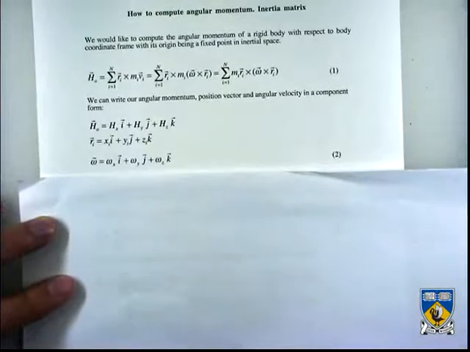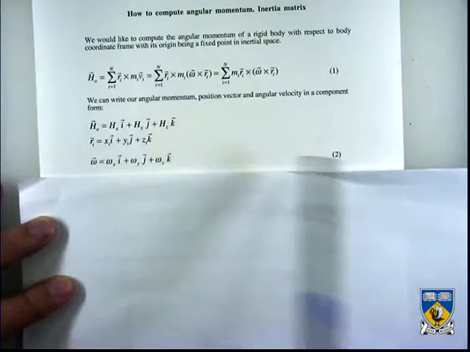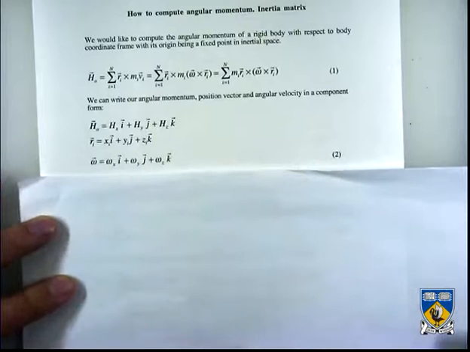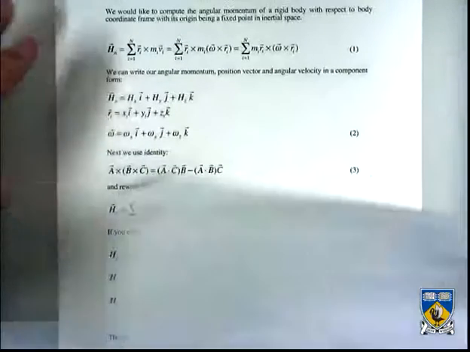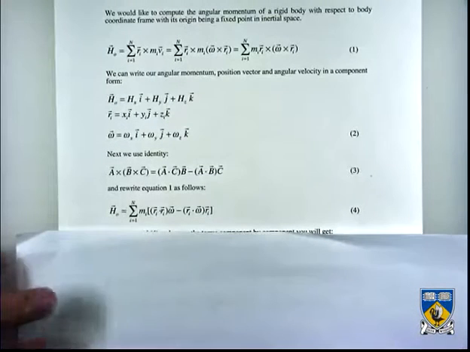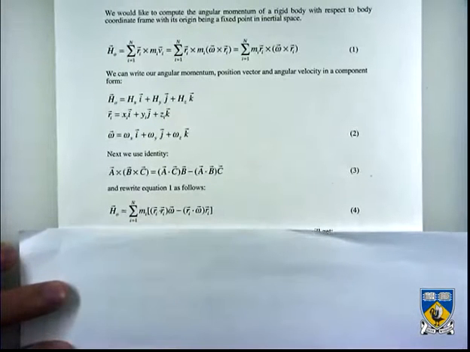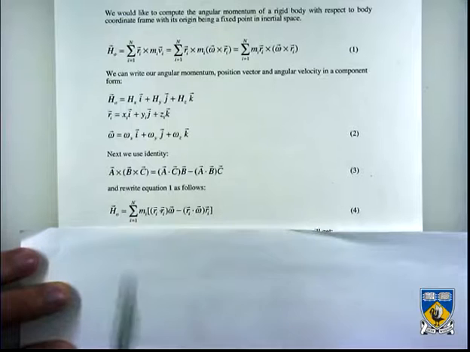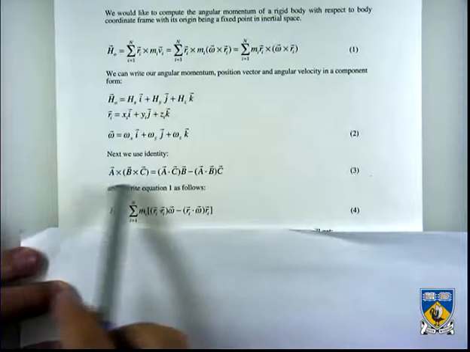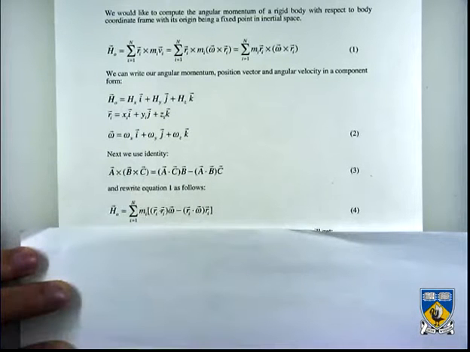So we put it in component form. Okay? X, Y, Z for the angular momentum, the distances, and the angular velocity. And then we have the identity from vector algebra, which you probably have seen, but I'm sure you forgot, which converts the two vector multiplications to scalar products.